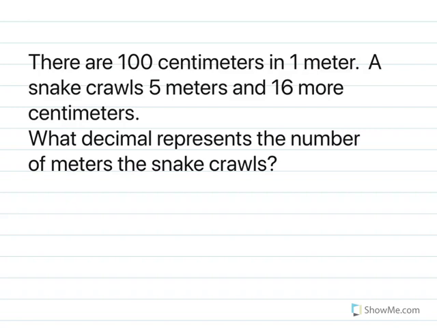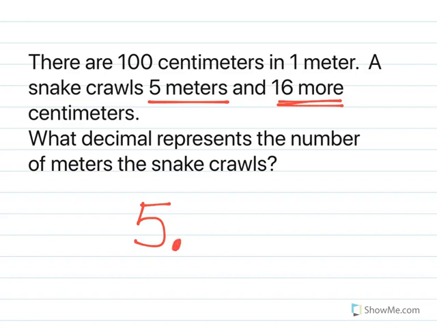So, I'm thinking about whole numbers first. I know the snake crawled 5 entire meters. That's going to be a whole number. But then he only crawled 16 more centimeters. So that's going to be a part of a meter.